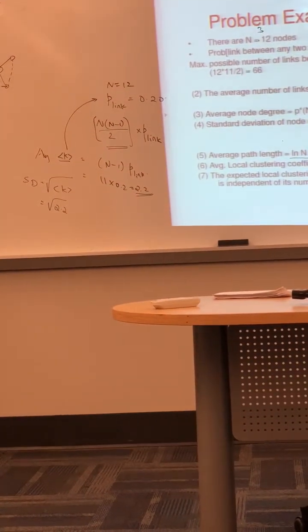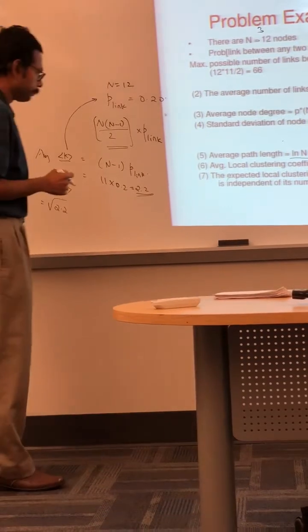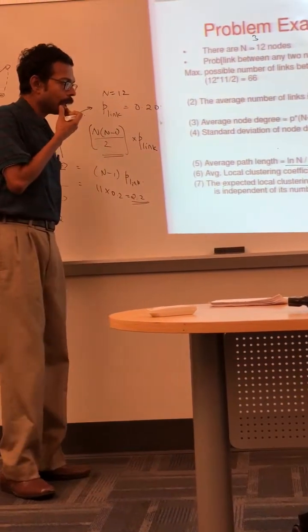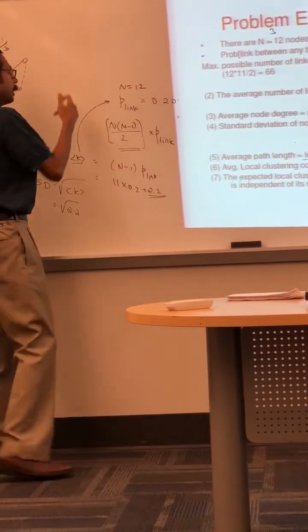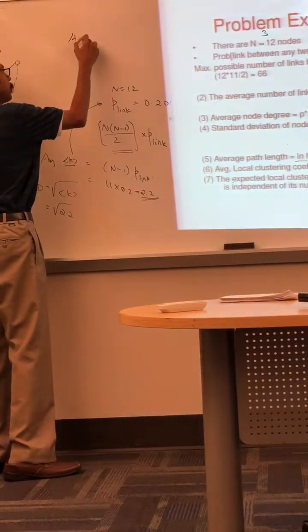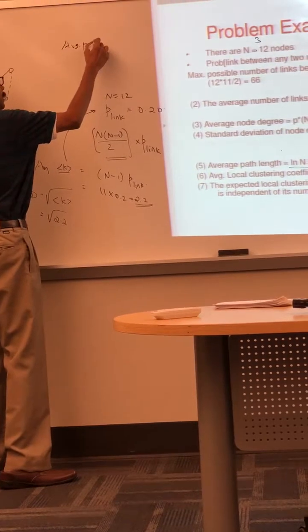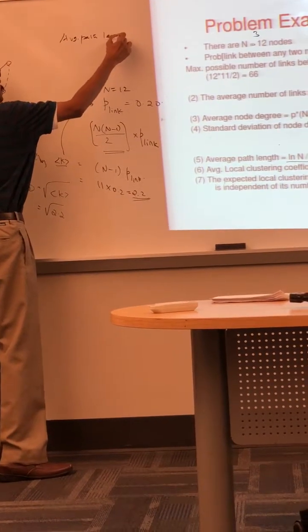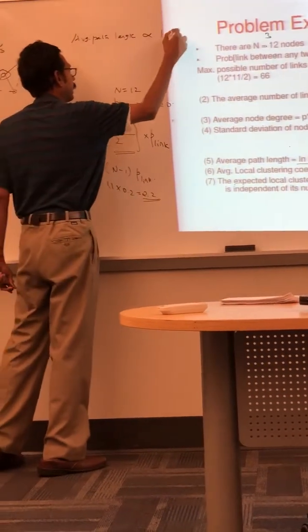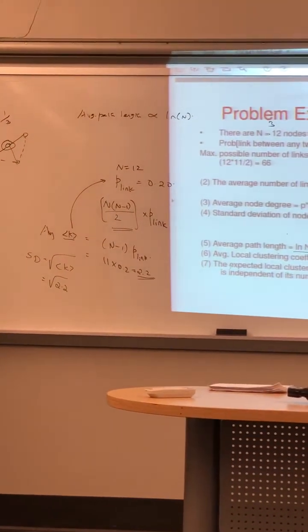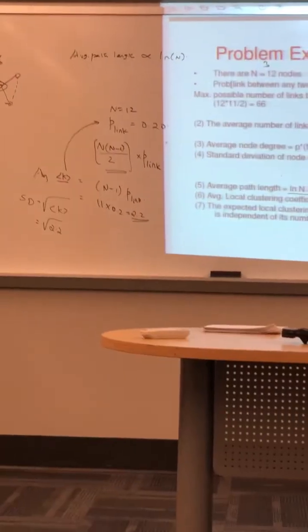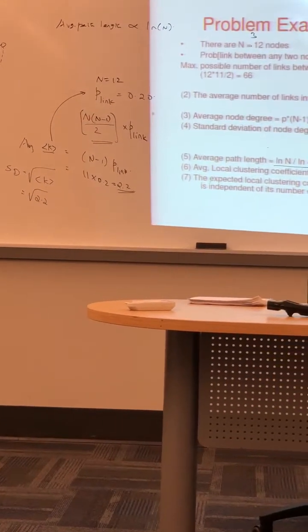Now I think I might have mentioned before, if the average path length is proportional to log n, what can we call that network? The network is said to exhibit what is called the small world property. So think about this.